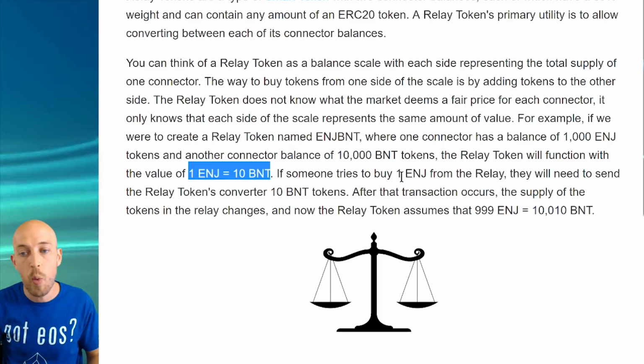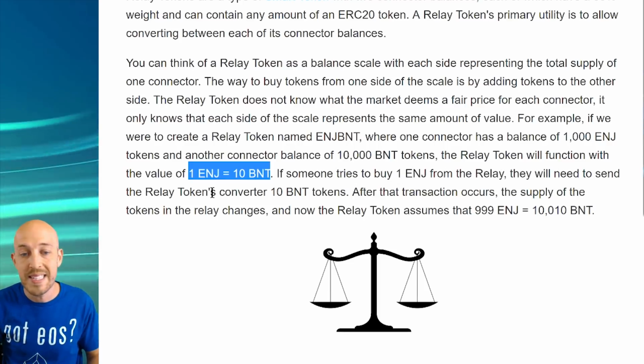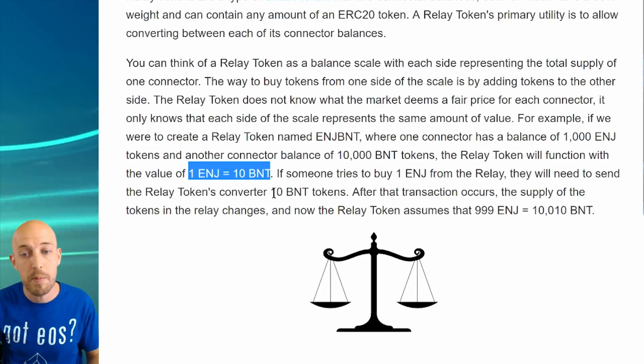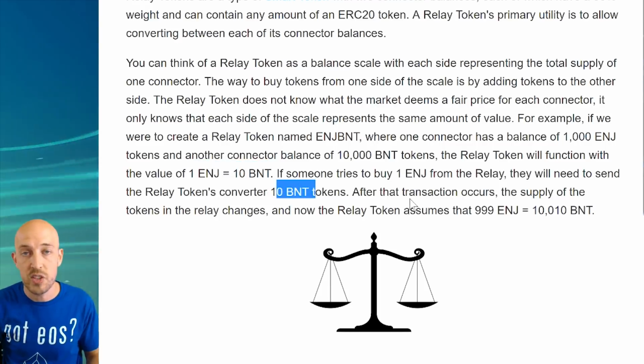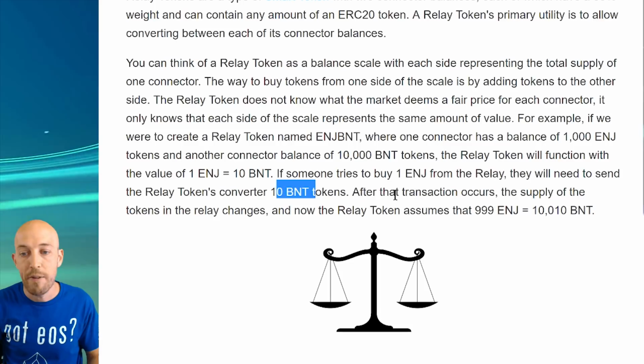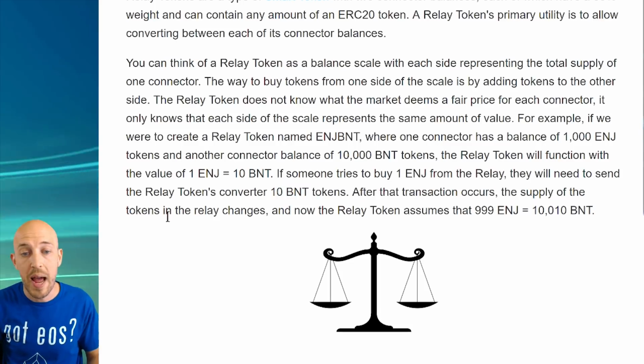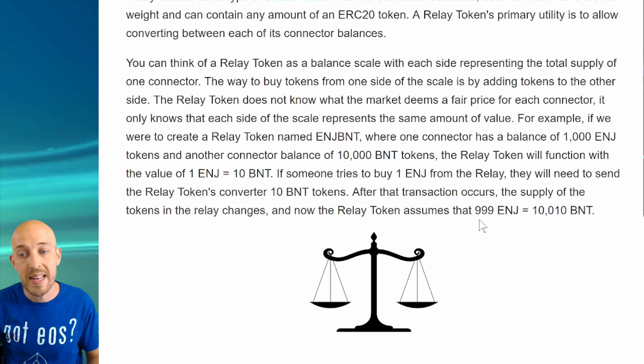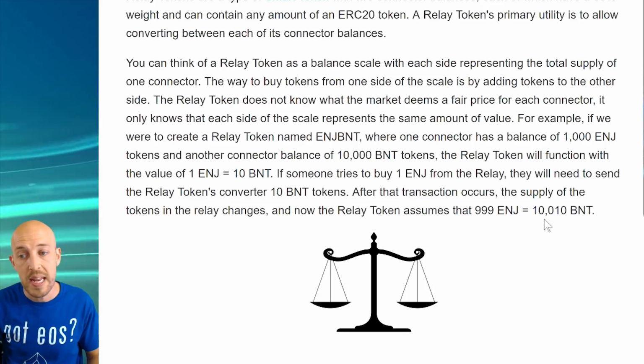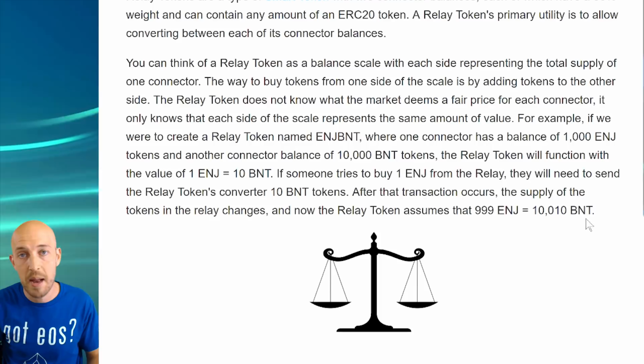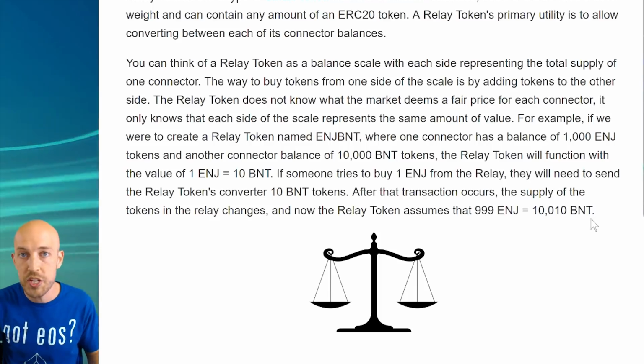If someone tries to buy 1 ENJ from the relay, they will need to send the relay token's converter 10 BNT tokens. That's the ratio at work there. After that transaction occurs, the supply of the tokens in the relay changes, and now the relay token assumes that 999 ENJ equals 10,010 BNT, because that one trade took place.